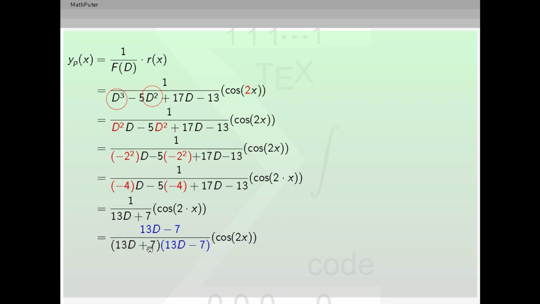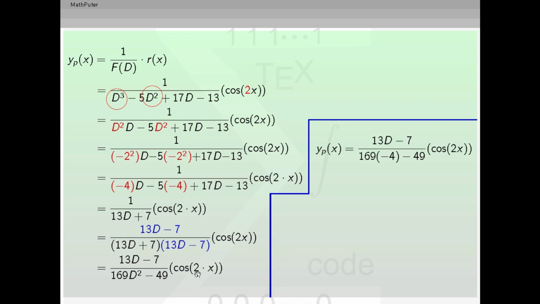So this is (a plus b)(a minus b), which is a square minus b square, which gives us 13 square, 169 D square, minus 7 square, which is 49, and this is the denominator. The good thing is D square. In place of D square, what can I substitute? 2 square with an additional minus sign, which is minus 4. So we have 169 into minus 4, minus 49, which is minus 725.